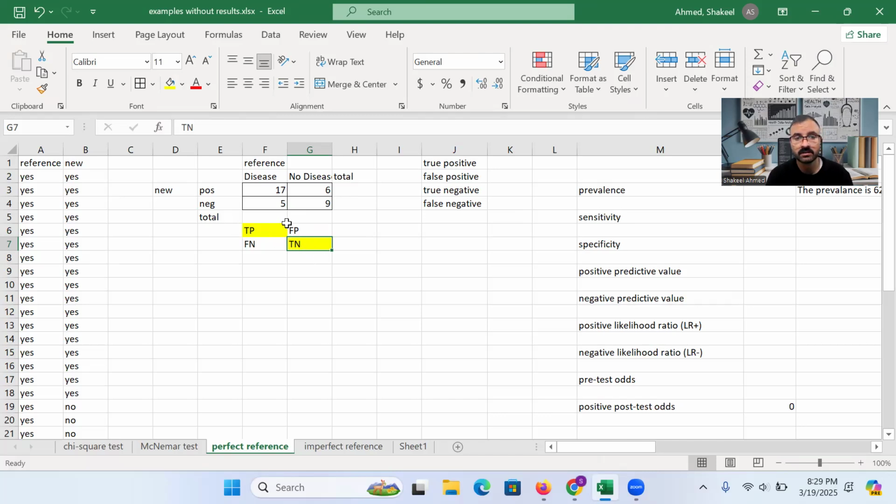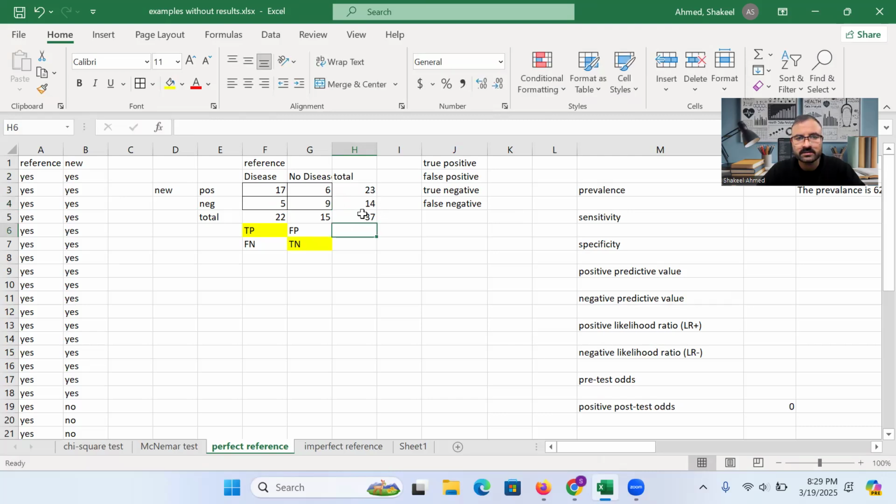So we can find the prevalence of the disease. Prevalence means how many people in this study have the disease. So that is 17 plus 5, it's 22, and 6 plus 9, it's 15, and total is 37. Here 17 plus 6 it's 23, I think, and this is 14.